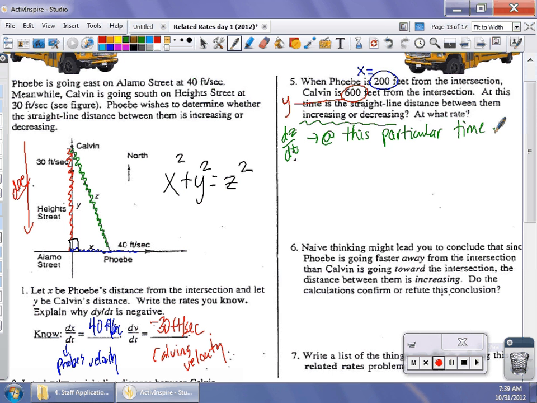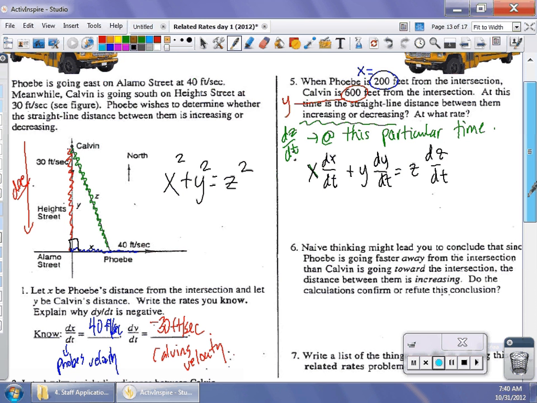So we want to talk about this particular instant of time. I'm going to bring my equation back up from the bottom, so I have x dx/dt plus y dy/dt is equal to z dz/dt.